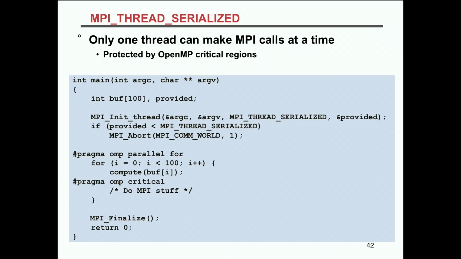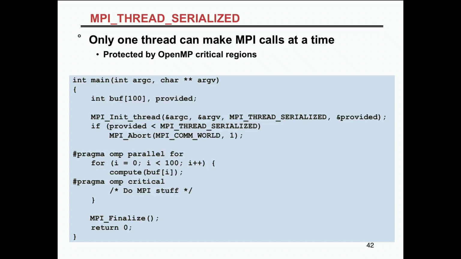Fine. Now, here's the difference with serialized. Now my MPI calls are within OpenMP parallel regions, except that they are protected by a critical. And remember what critical did? Critical says that only one OpenMP thread can execute that line at any time. It doesn't mean that only one thread will ever execute it.